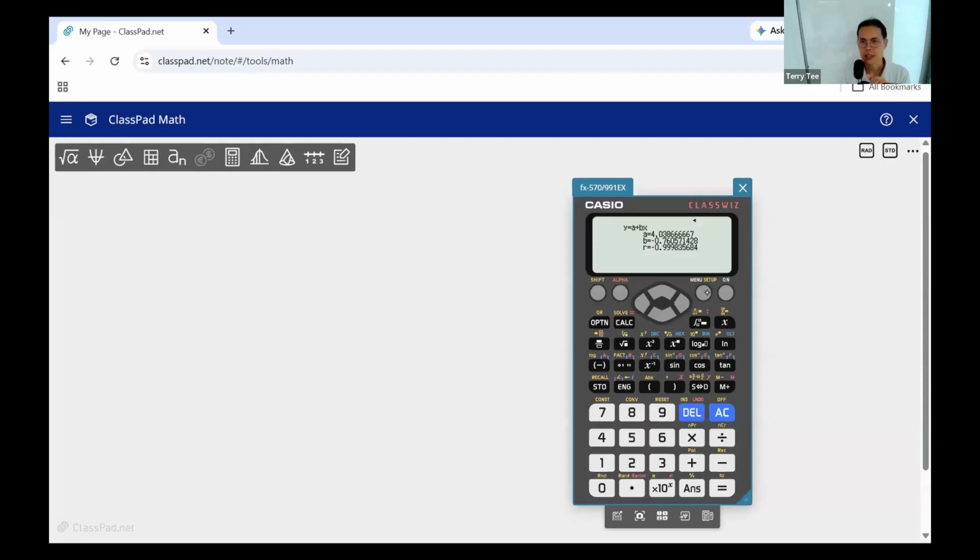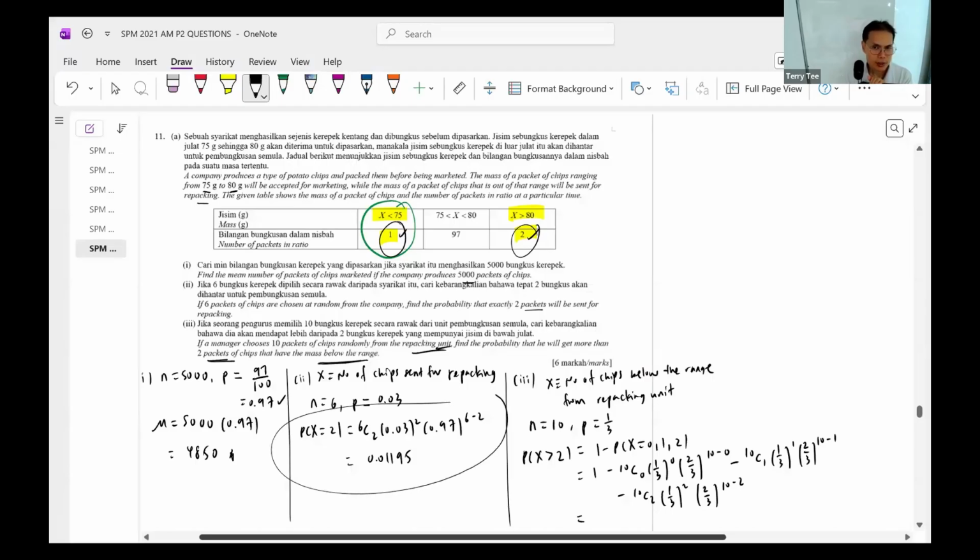Okay, how do I do it? I show you here, menu. Okay, wait. Go back to the normal menu first. Normally we press menu 7. 7 for distribution. So you press 4 for binomial PD. Okay, let's say for example, I want to do this. This is binomial PD. PD takes a specific value.